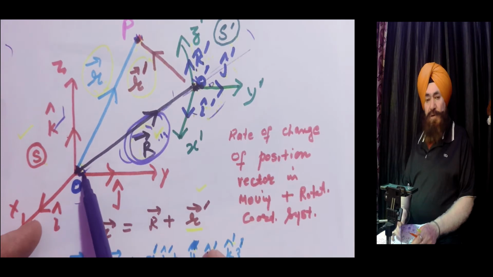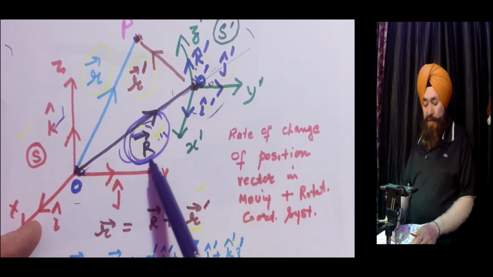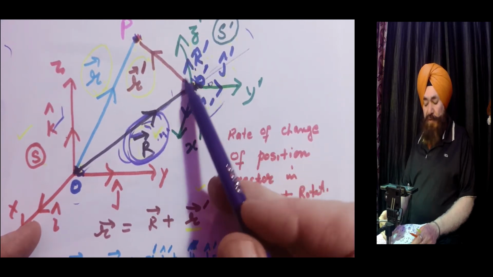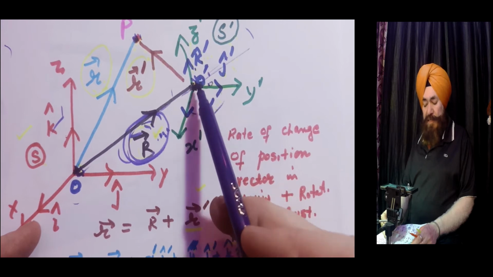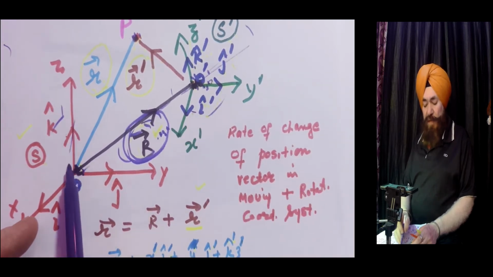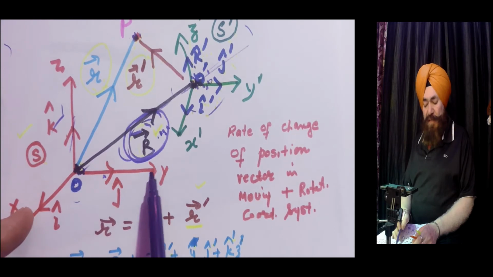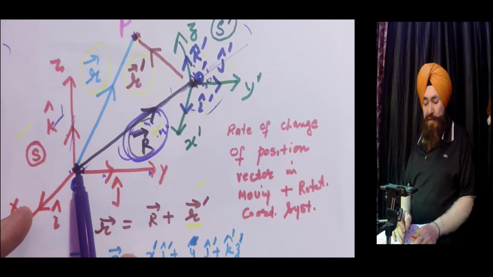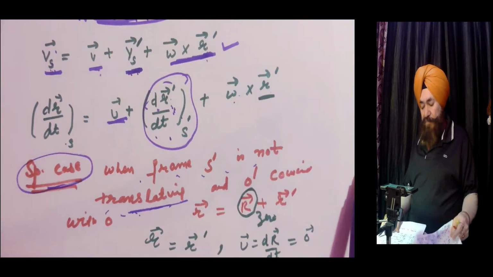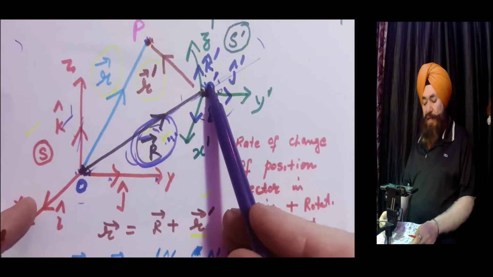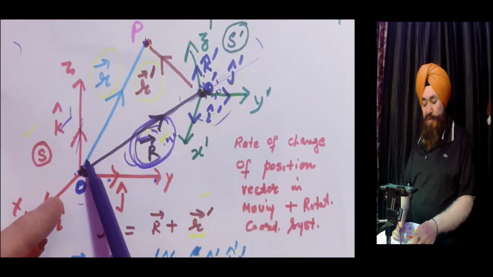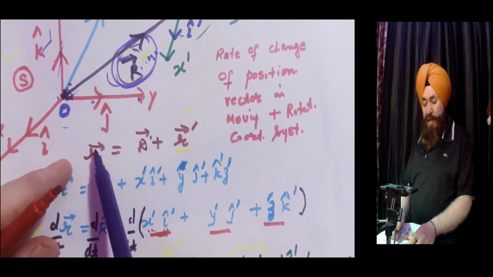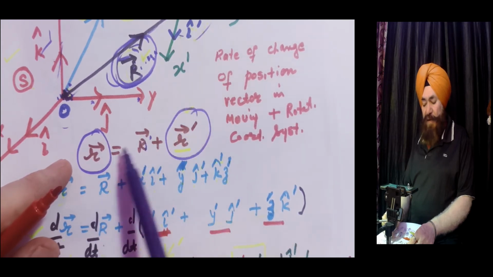There are two spaces: one is the fixed space, and the second, which is again here, is only rotating. So when this origin is shifted to this point, because capital R is 0, the r vector and r dash vector become the same.